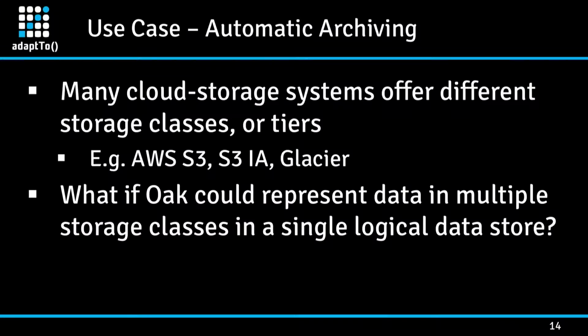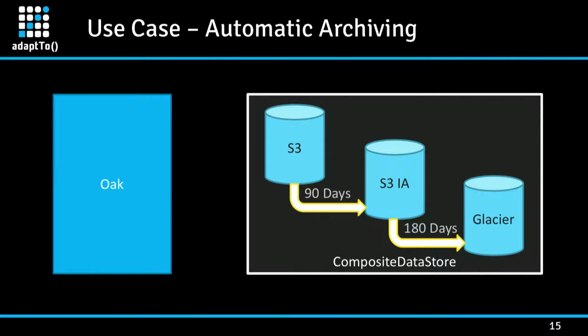Here's another one. We talked about automatic archiving. So let's say that you have some mechanism where you are archiving less frequently used binaries out of your data store to some other location, but you'd still like to be able to see your archive data all in one view in your Oak instance. So this is maybe an explanation of how you might be doing that.